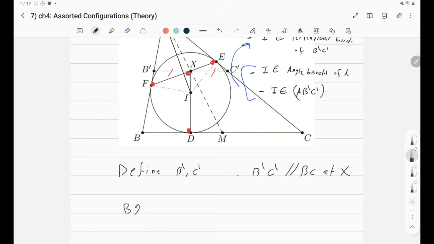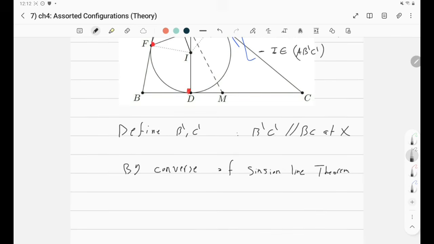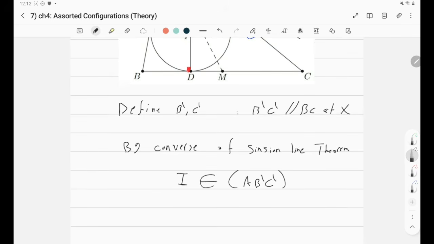And now you can actually immediately say by converse of Simpson line theorem, I lies on the circle AB prime C prime, but AI is the angle bisector.